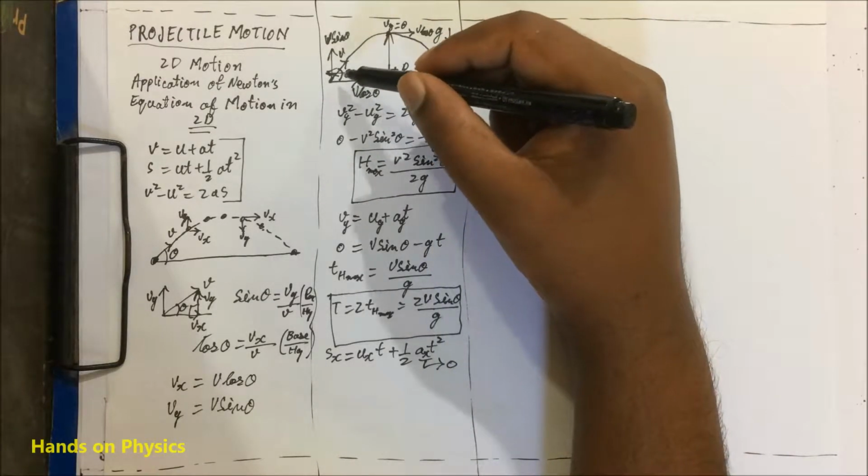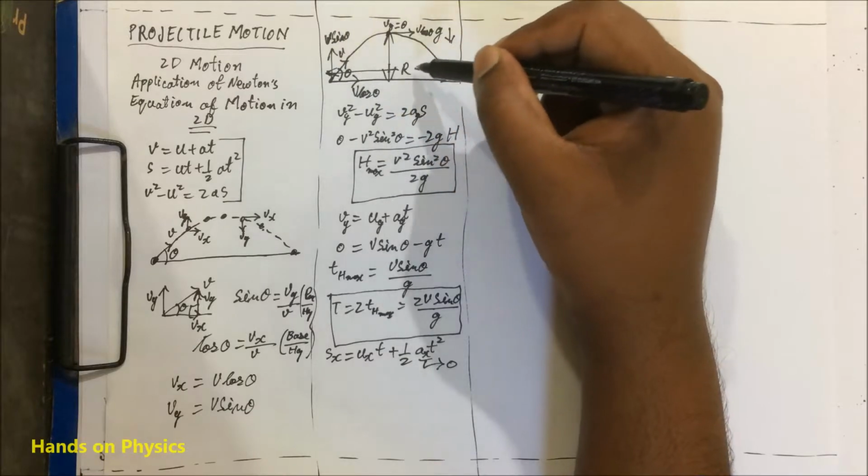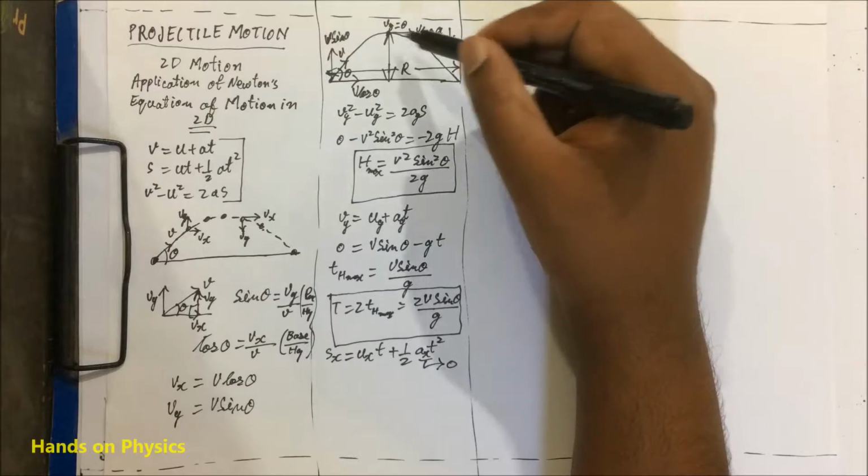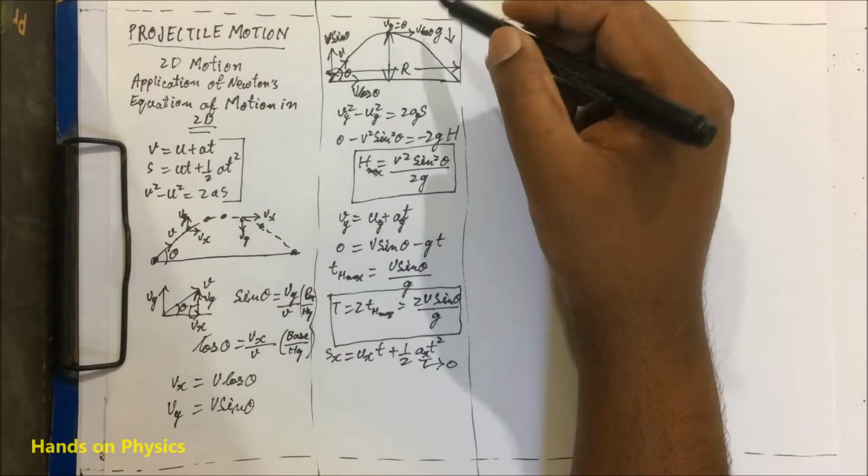then as per Newton's first law, the velocity will remain constant at every point of time on this curve.